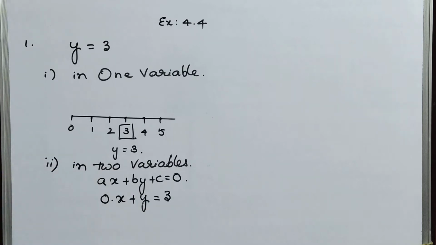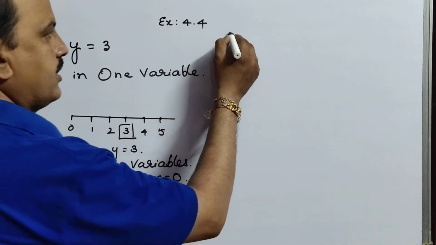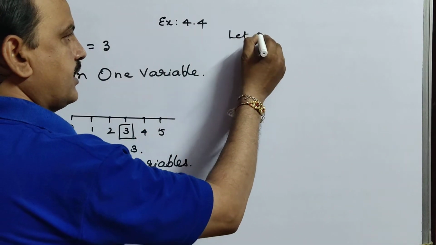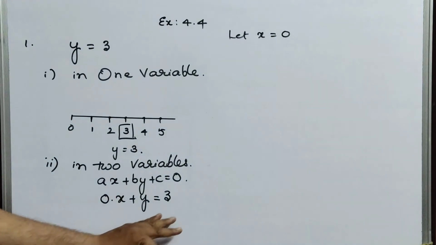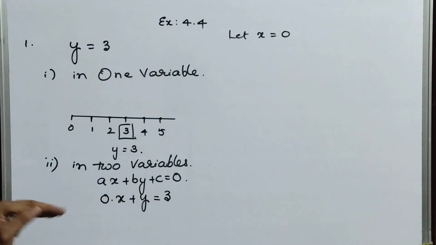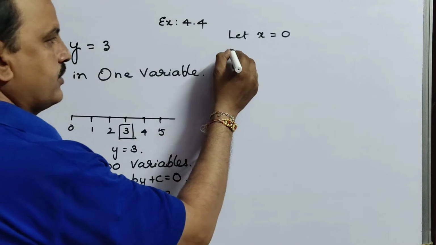Now, 0x plus y equal to 3. But how are we going to get the x coordinate and y coordinate to plot the points? We do the same as before. Look, 0x plus y equals to 3. Let x equals to 0, because y equals to 3 is already there.